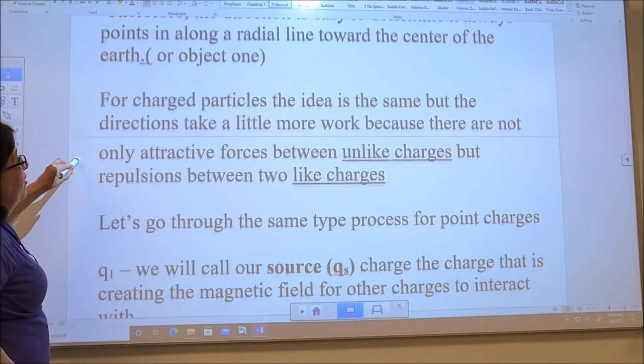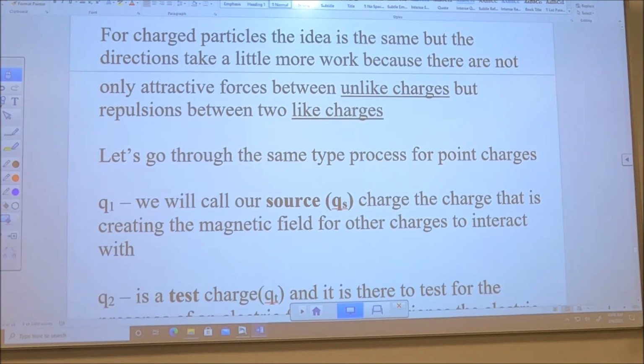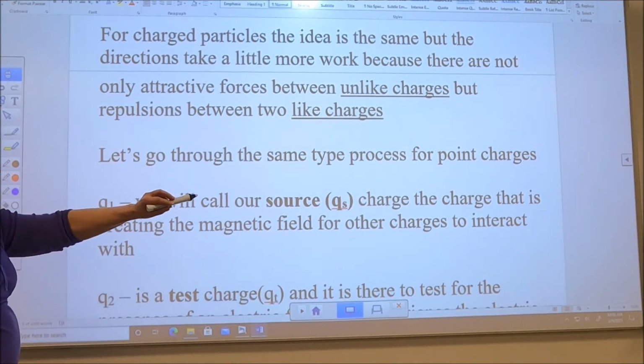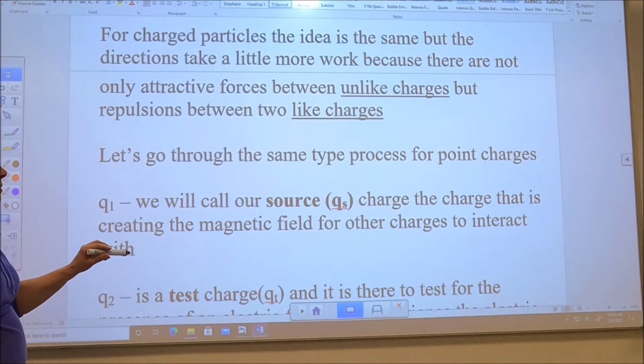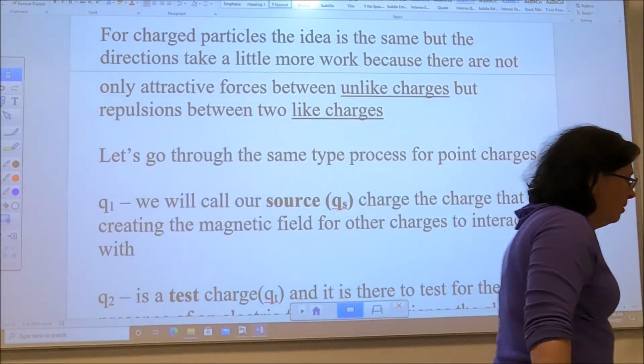For charged particles, the idea is the same, but the directions take a little bit more work because there are not only attractive forces when we're dealing with unlike charges, but there are repulsive forces when we have like charges. So let's go through the same type of process for point charges. Q1 we'll call our source charge QS. Actually, that should say electric field. Let me fix that.